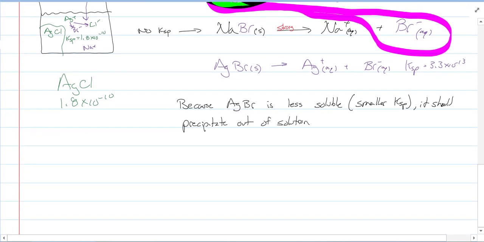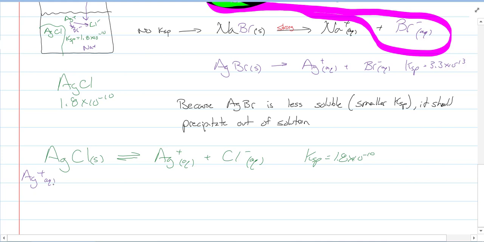Let's look. If we do this, I have my AgCl, Ag+ and Cl-, and KSP 1.8 times 10 to the negative 10. If we flip the reaction for AgBr, Ag+ and Br- going to AgBr solid, K equals 1 over KSP.